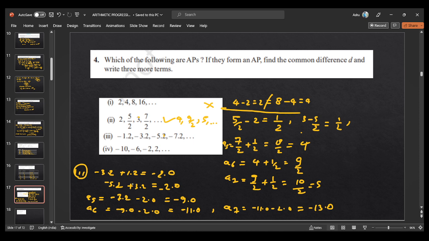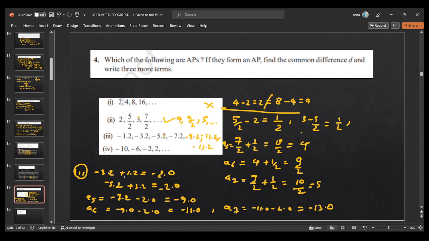Now is there any mistake? Because we know the answers are 1.2, 3.2, 5.2, 7.2, it will be 9.2 and 11.2 and 13.2, all with minus.